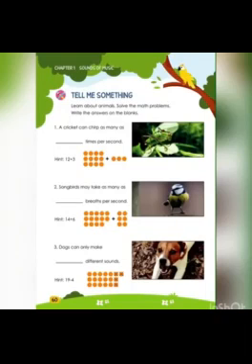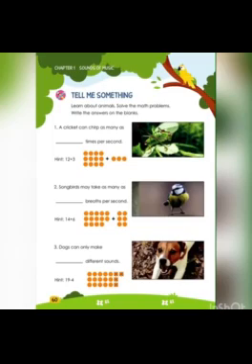Welcome, my dear students. Today we have lesson 8, chapter 1. Tell me something. Learn about animals, solve the math problems, and write the answers on the blanks. Number 1.